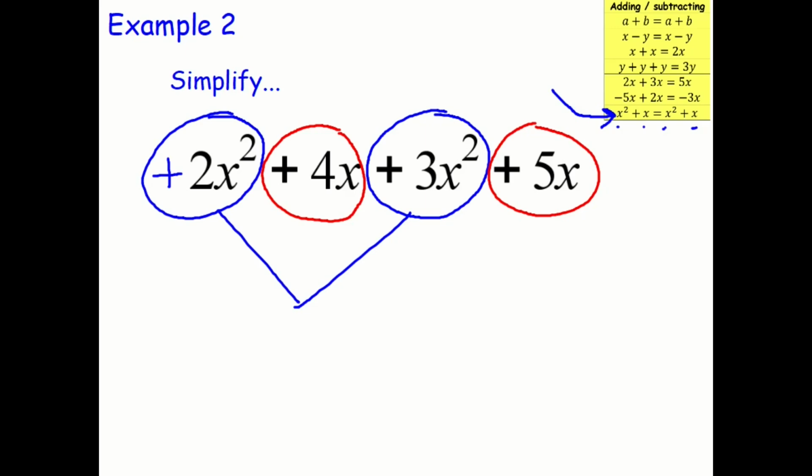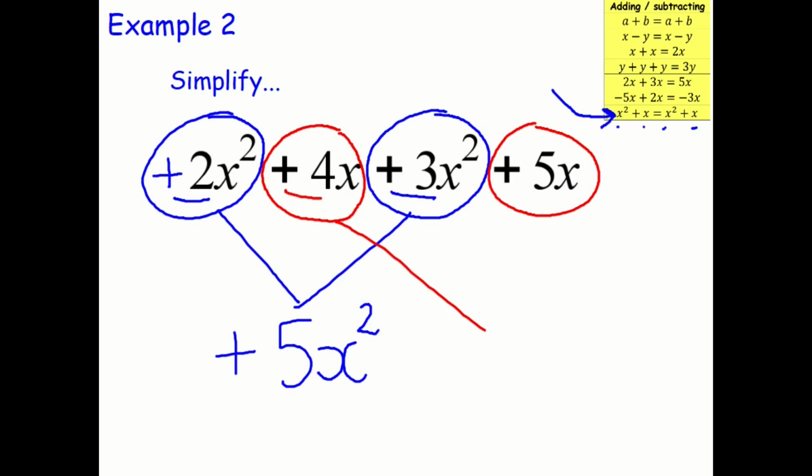However, here in blue, we've got an x squared term and another x squared term. So we've got a plus 2 and a plus 3, which means we've got a plus 5x squared. And here we've got x terms, we've got a plus 4x, and we've got a plus 5x, which makes positive 9x. And that's it, okay?